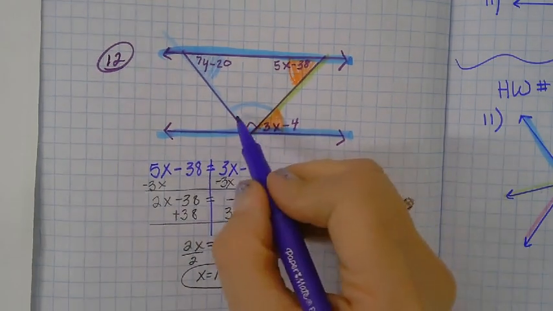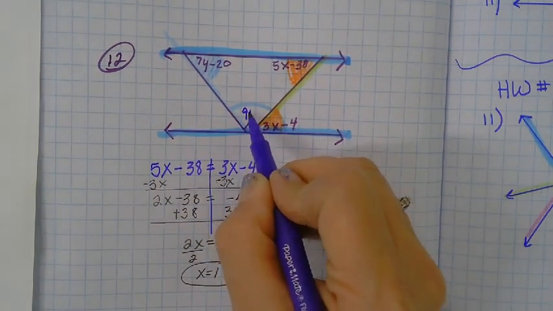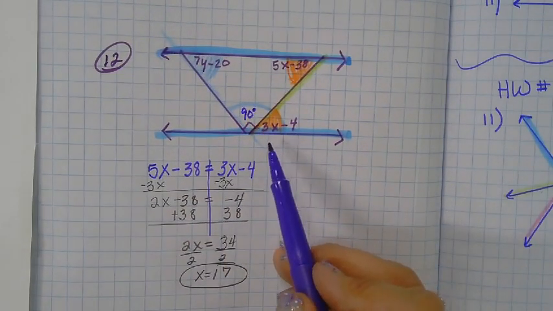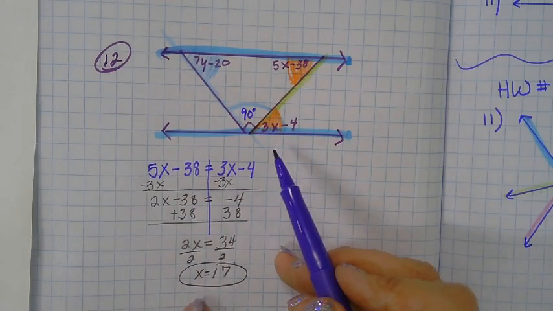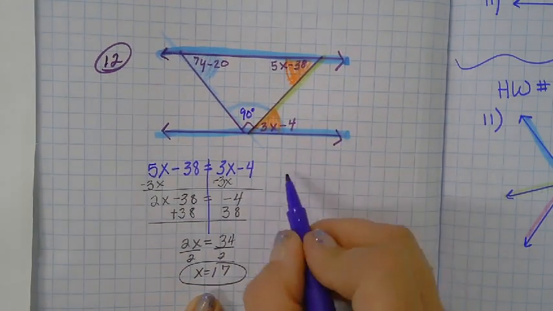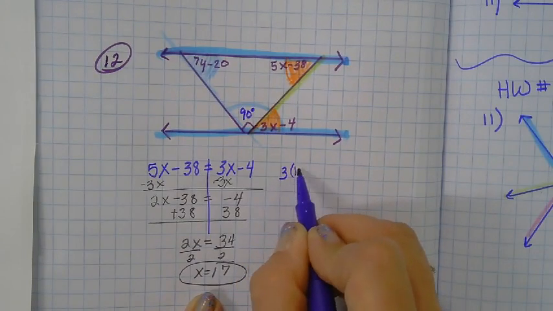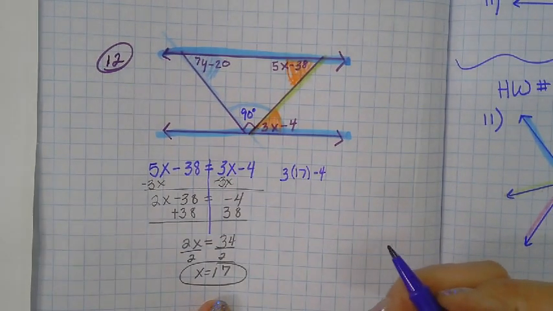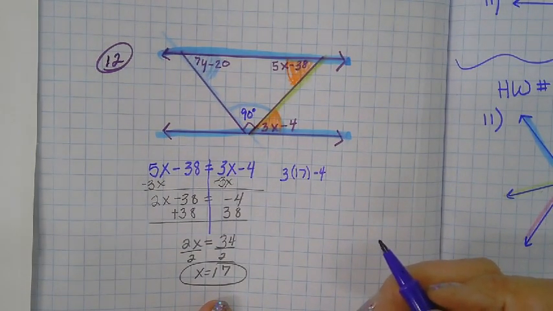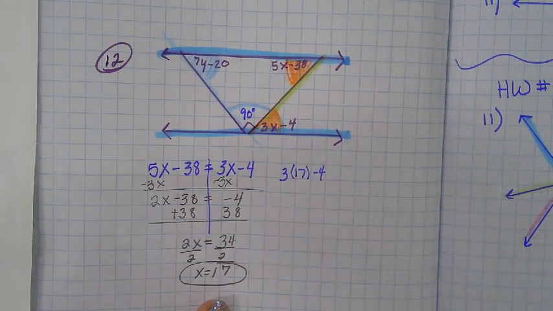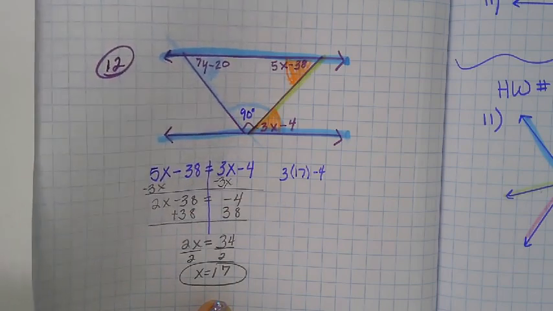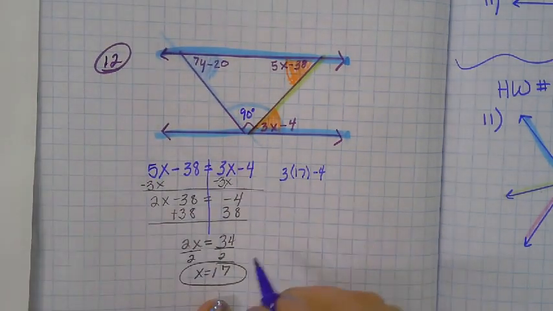So this little piece right here we know is 90, right? This piece is 3x minus 4, which we can find a measurement for, because we now know what x is. So plug x in there. 3 times 17 minus 4. And what do you get there? 47? Seventeen times 3 minus 4. Yep, 47.